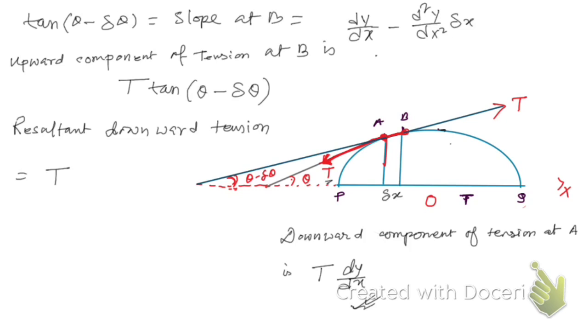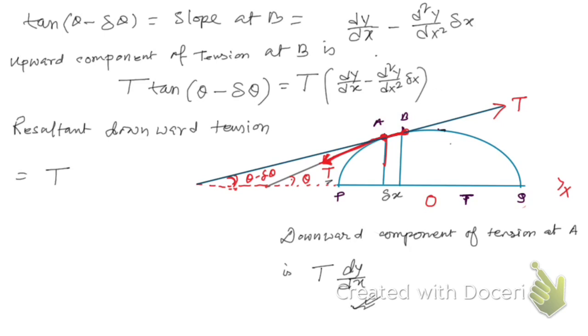So this is equal to tension T into dy by dx minus the second order derivative of y with respect to x into delta x. Hope you have understood this.